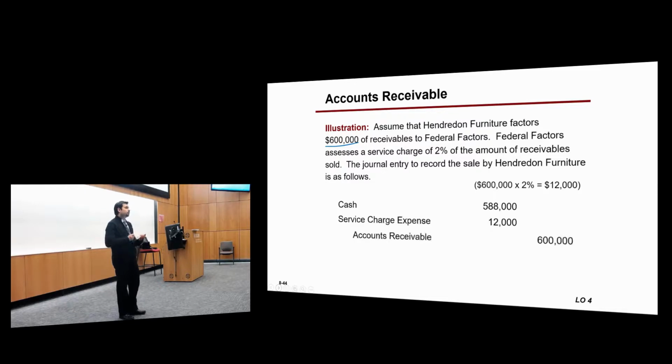So cash will be debited 588,000, service charge expense will be debited 12,000, and accounts receivable will be credited the full amount of 600,000. This is how you write the journal entry for factoring. Okay? Any questions about this?